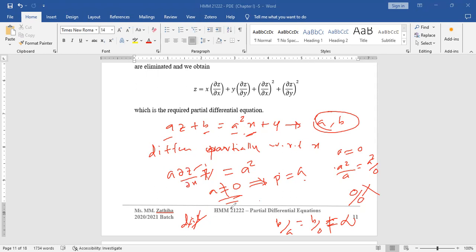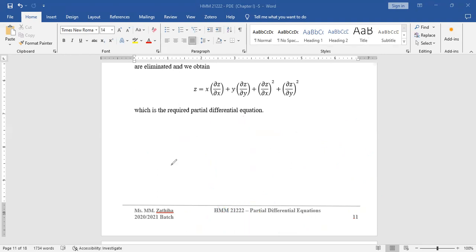Yes, I need to differentiate partially with respect to y. What you'll get is again ∂z/∂y. There's no y in the first term. Okay, I'll write again. First of all, I got p is equal to a.